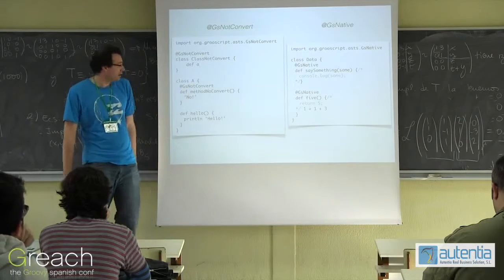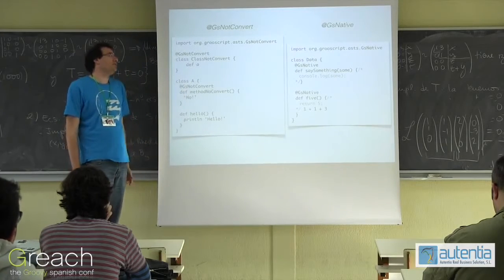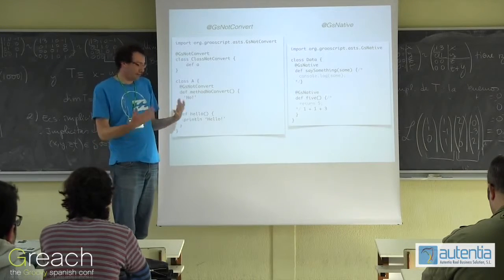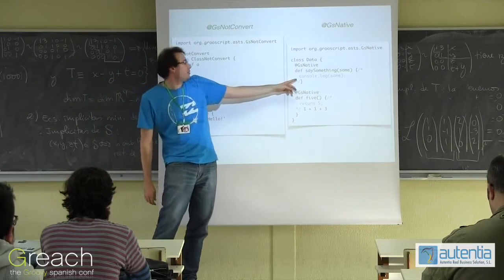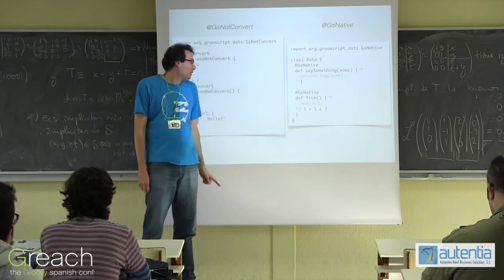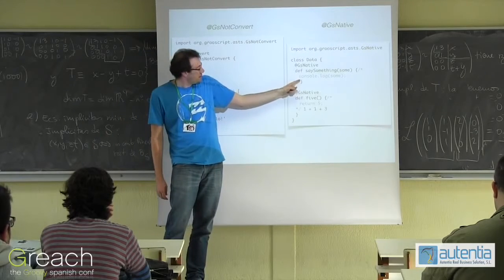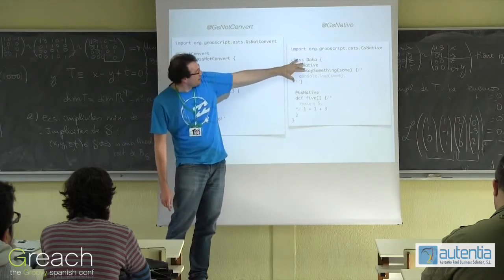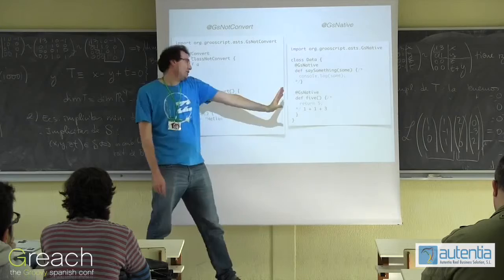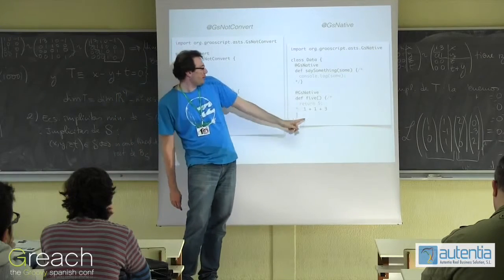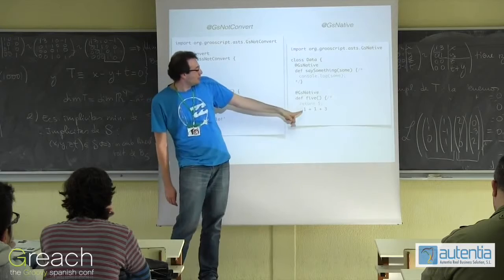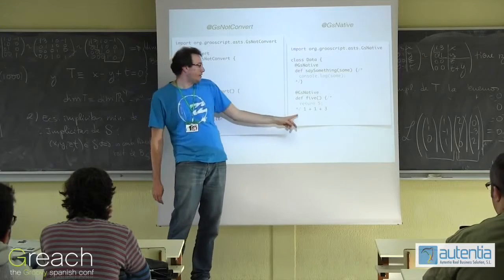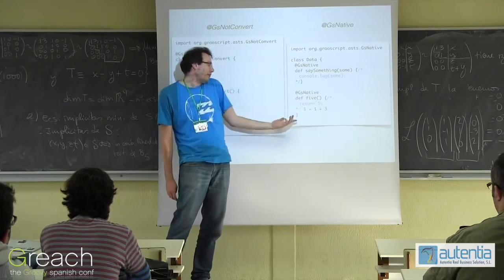TS native is an annotation that, when Grooscript meets it, will put that JavaScript code. As you see here, it is just JavaScript code. So when the conversion is done, this code will be put in the method. For example, we have here, apart from this annotation, Groovy code. So this code in Groovy will return 1 plus 1 plus 3, which is 5.